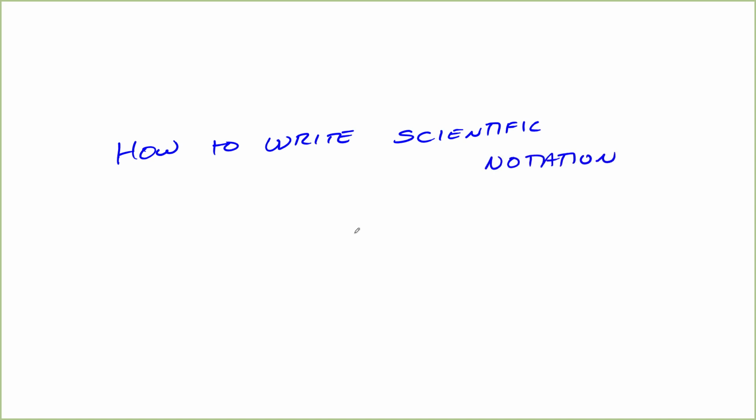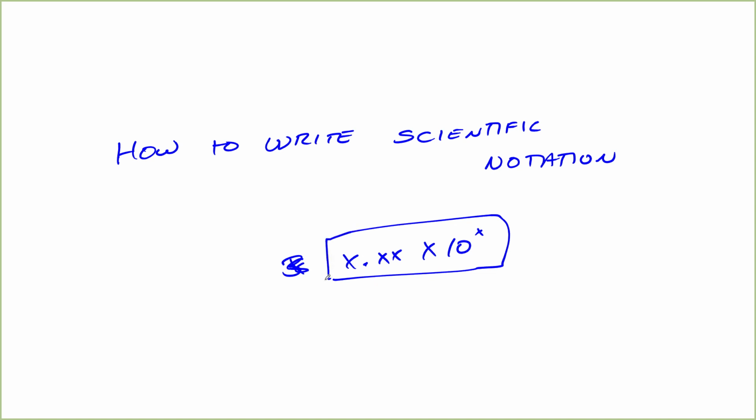So remember, scientific notation is numbers written as x point xx times 10 raised to the x. Scientific notation is basically one way to write a number, and with this way, we can actually say how many significant figures we have in the number. We can have x point x, or x point xxx, and so forth, or just x.